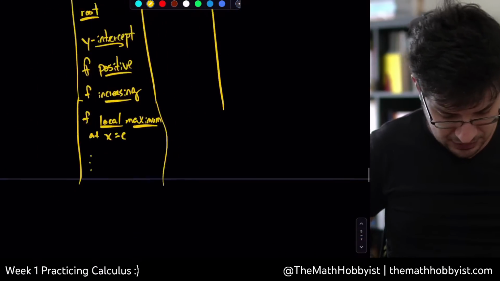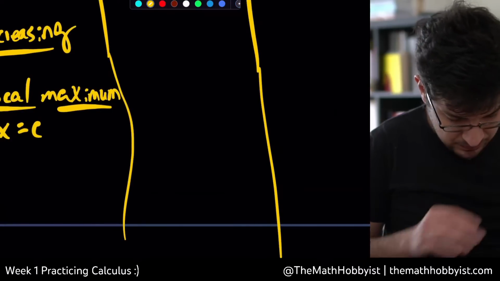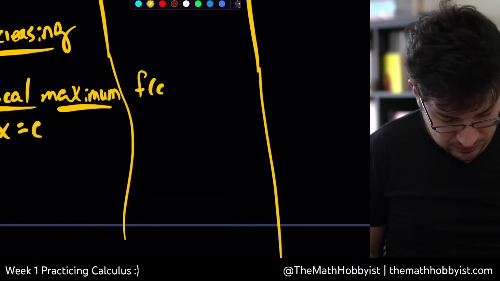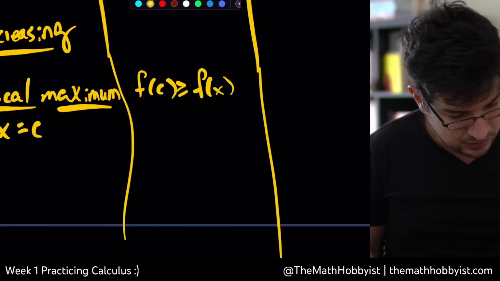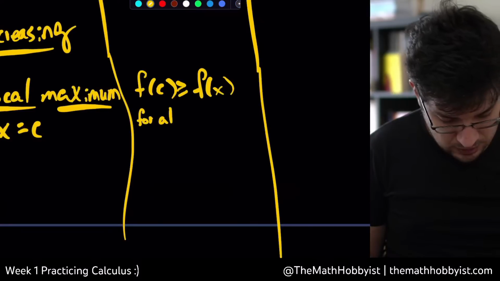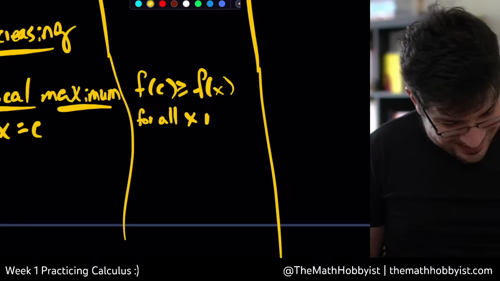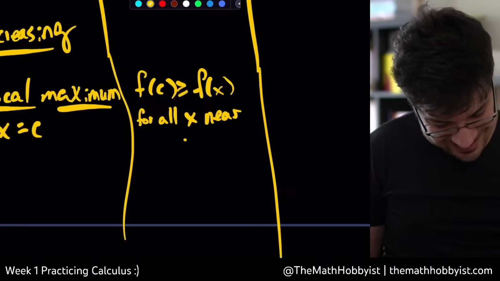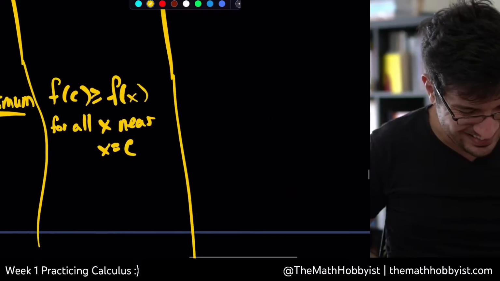So the definition of f having a local maximum is that f of c is greater than f of x for all x near x equals c. I like it.